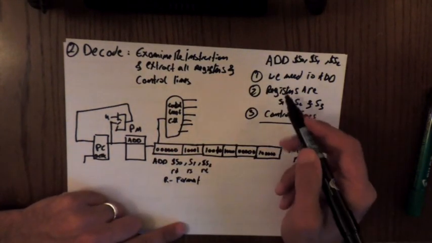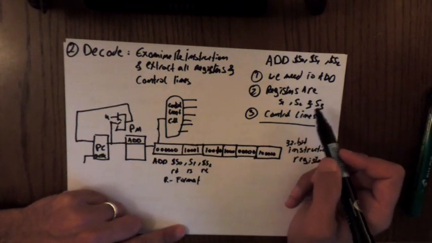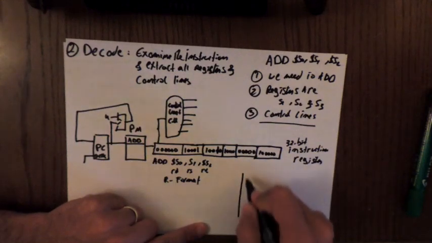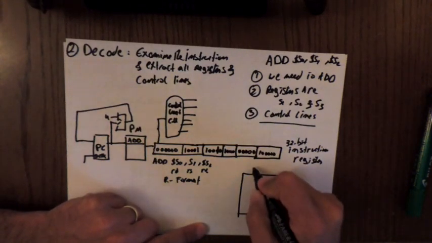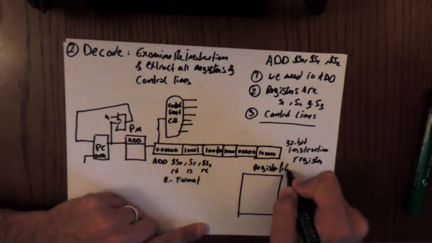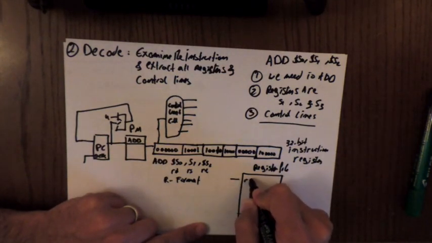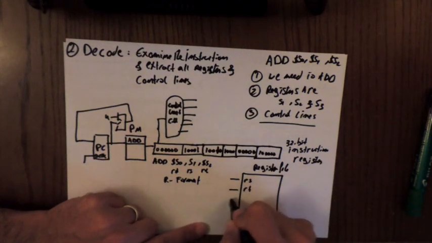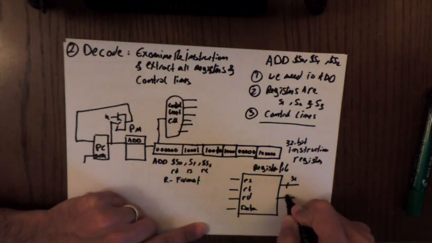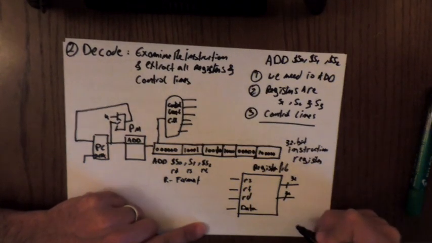The second part is the registers that we are using. So of course here we're going to introduce the register file. Remember I have RS, RT, RD, data, and we have the two values that are coming from RS and RT.